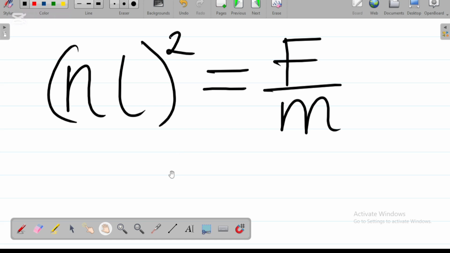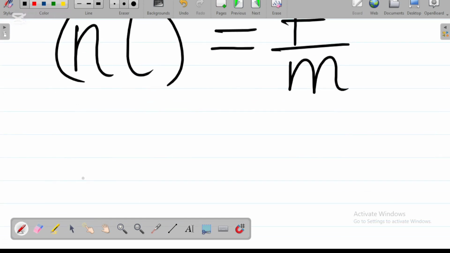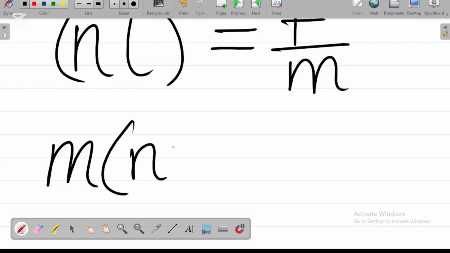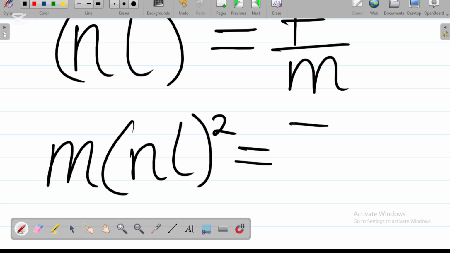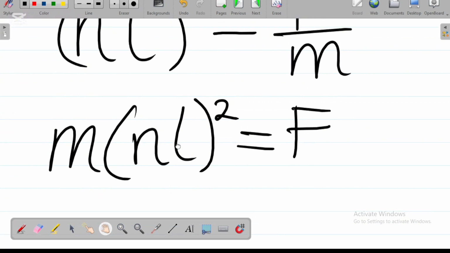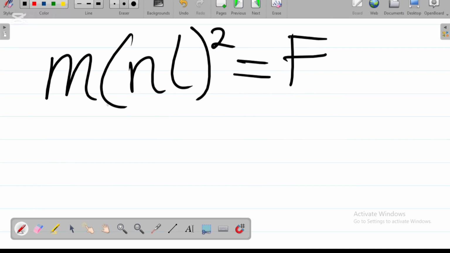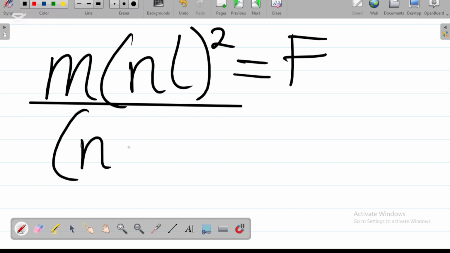Alright, let's cross multiply again since we are looking for the dimension of M. So we have M multiplied by NL raised to power 2 equal to F. To make M the subject of the formula, you simply divide by the coefficient of M. So we divide by NL raised to power what? 2.